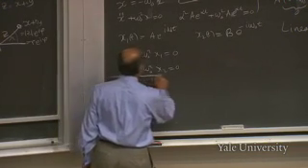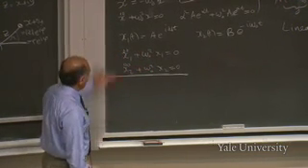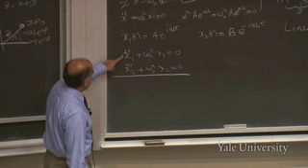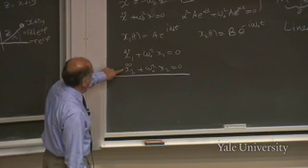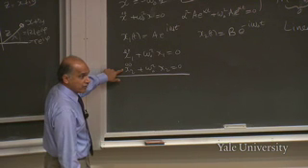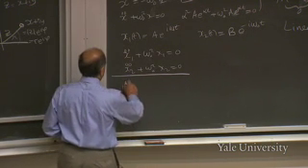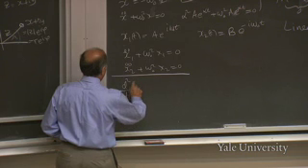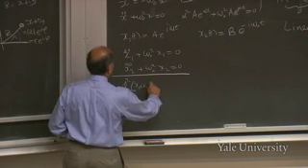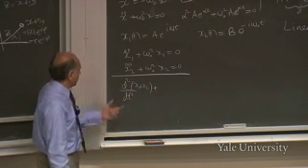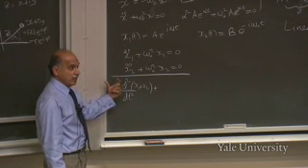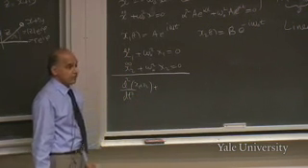Add the two equations. On the left-hand side, I get the second derivative of x1 plus the second derivative of x2. Remember, that is in fact the second derivative. Now I go back to the old notation of x1 plus x2. This has to do with the fact that the derivative of a sum is the sum of the derivatives, and the sum of the derivative is the derivative of the sum.